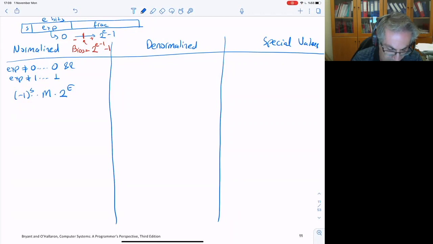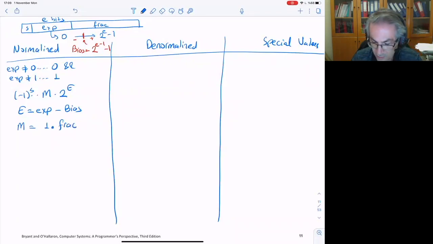I can define e as the exponent in binary minus the bias. The exponent is whatever the bits are. The bias is a fixed number, which we computed here. And I define m as 1 dot frac.